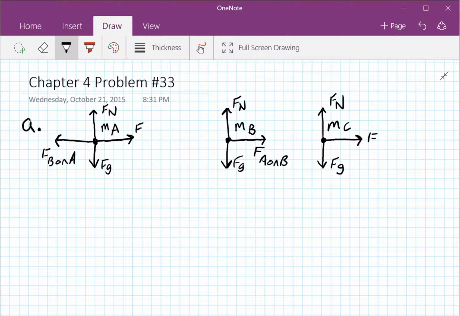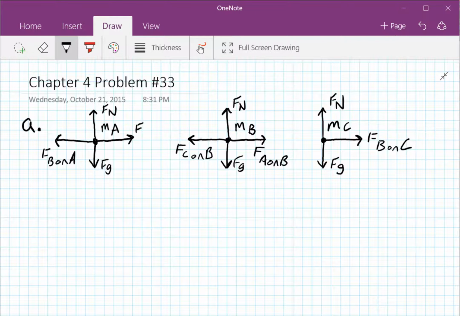You label that F of B on C. Well, if there's an F of B on C, then there has to be a force going the opposite direction on B. So it'd be F C on B. Now mass C does not push anything afterwards. There's no mass D, for example. So there would be only three forces acting on mass C. There's no force going to the left. This is the free body diagram you should have when you're finished with part A.